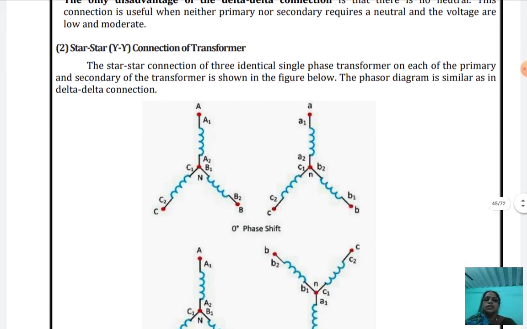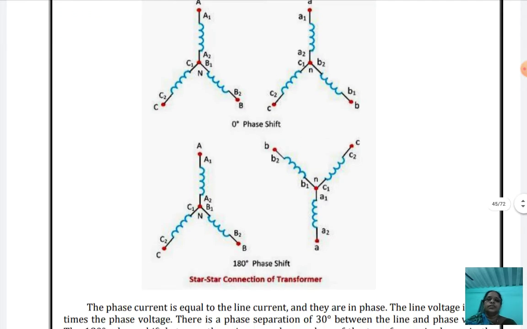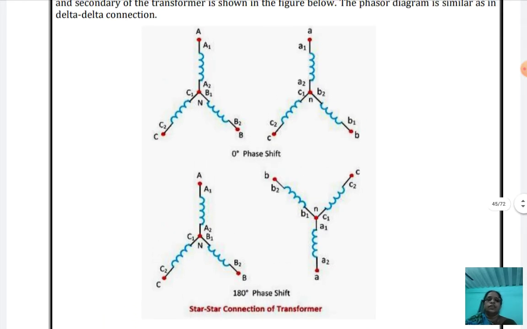Then next, the star connection. Now you see the star connection: the 180 degree phase shift is there, and the 0 degree phase shift is also there. The left hand side is the primary and the right hand side is the secondary.